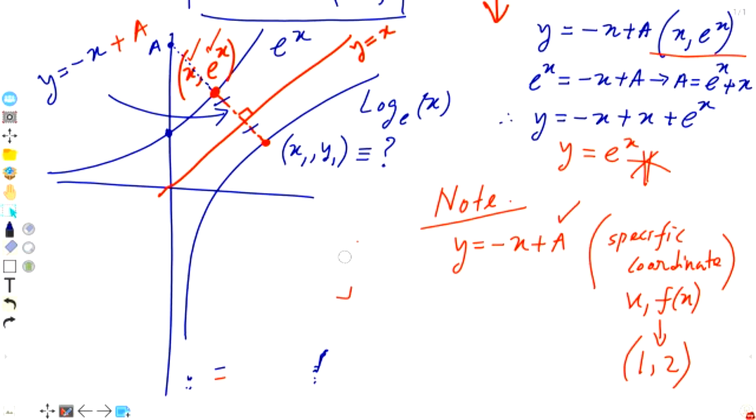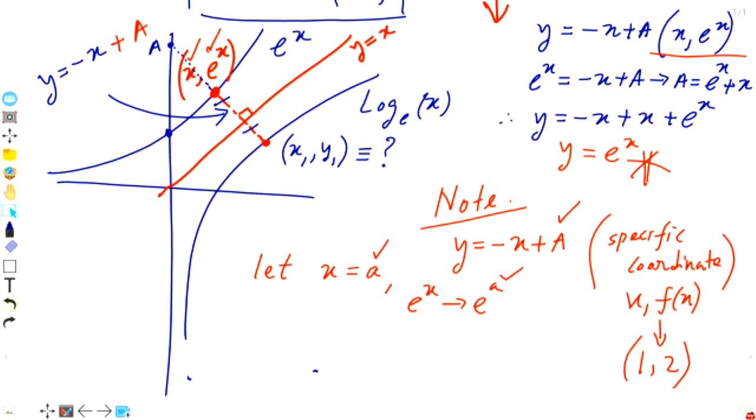Let x be a, and e^x be e^a. So you change this coordinate, removing the functional thing. Functional thing means dependent, independent coordinates you are going to remove. You are going to put specific coordinates.